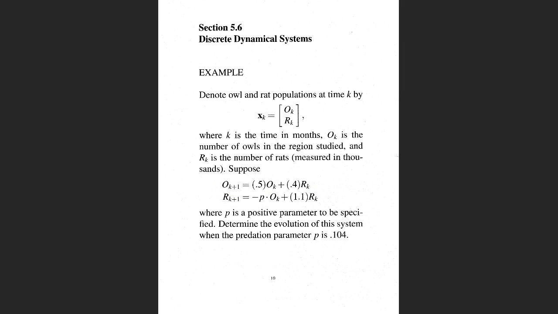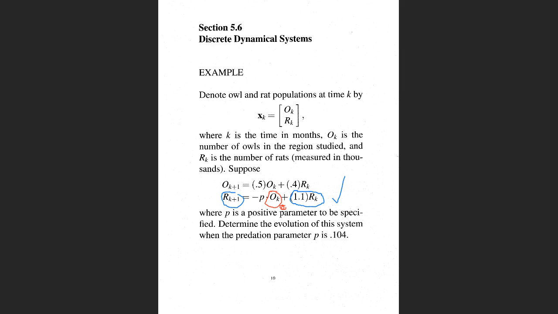Very good, very good. Let's look at the second equation. So second equation, let's say that this month, the kth month, there are no owls alive. No owls in this region, okay? Then that means that next month, the number of rats that will be alive is going to be 1.1 times the number of rats that are alive this month.